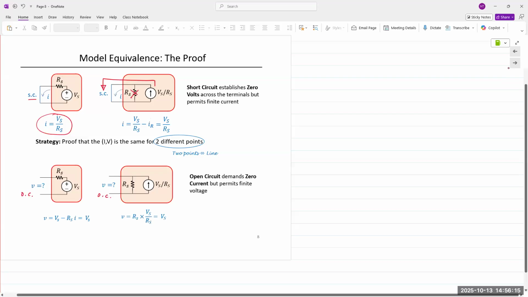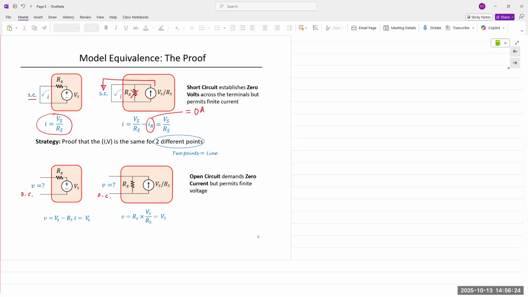And hence, the current flowing through Rs is equal to 0. If that's equal to 0, then the total current I available at the output terminals is Vs over Rs. Thus, we can say both circuits are equivalent to each other.